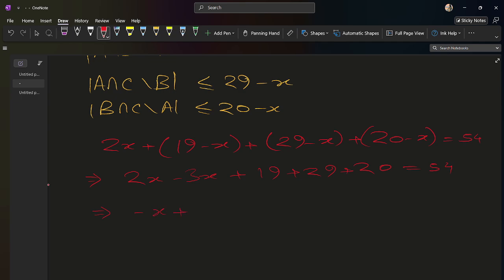Then that will be minus x plus, 20 plus 29 will be 49, and 49 plus 19 will be 68, and that equals 54. So x will be 68 minus 54, so that will be 14.